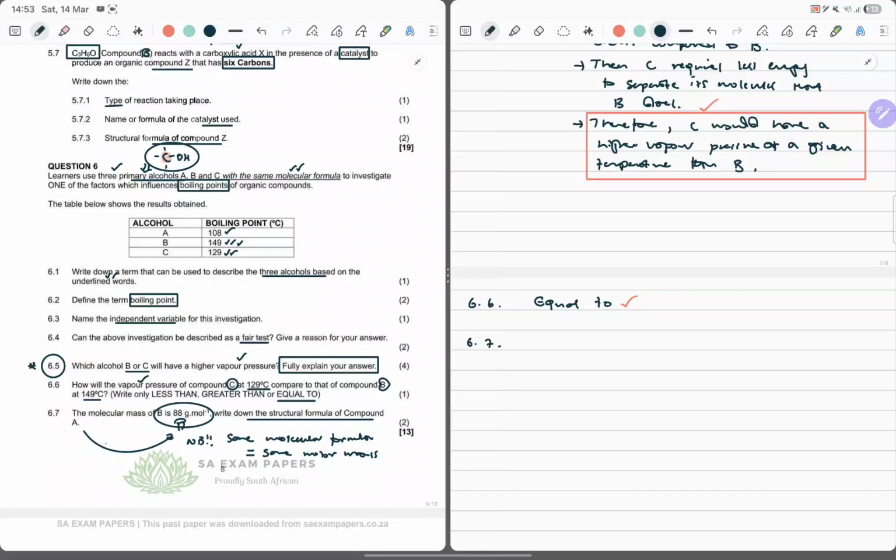Remember, what did I say? I said CnH2n+2 plus an oxygen, right? This is alcohol. So this is the general formula for alcohols. Now we need to know how many carbons are here. We need to find the value of n, because n will tell us how many carbons we have.